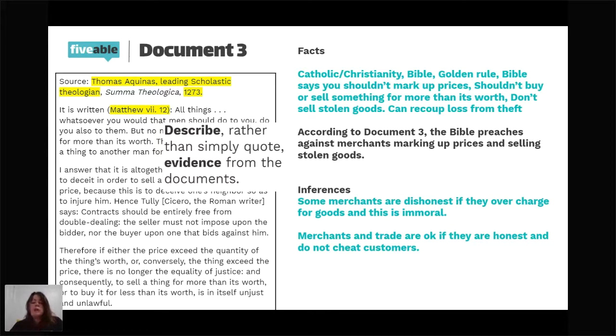So my inferences. So again, I'm thinking, is this favorable towards merchants or not? And I think it's favorable towards merchants who are being fair, right? So that's my inference. Some merchants are dishonest if they overcharge for goods, and this is immoral. Or another inference, merchants and trades are okay if they are honest and do not cheat customers. Does that sound fair?